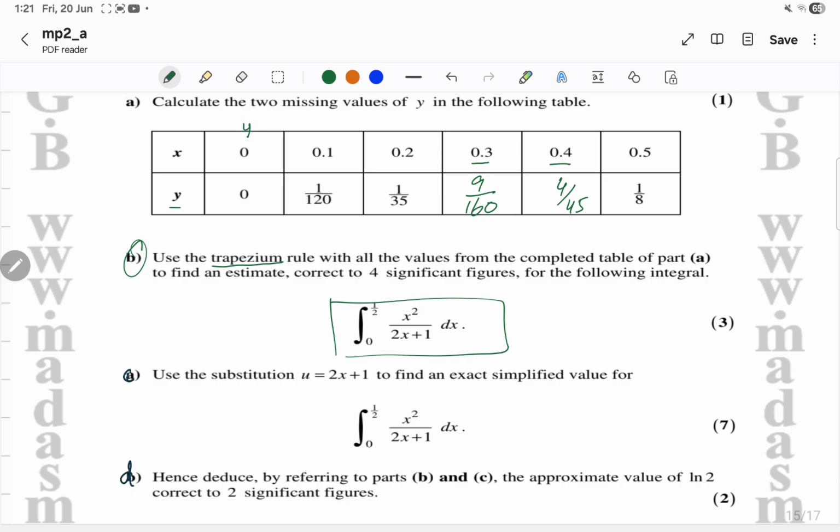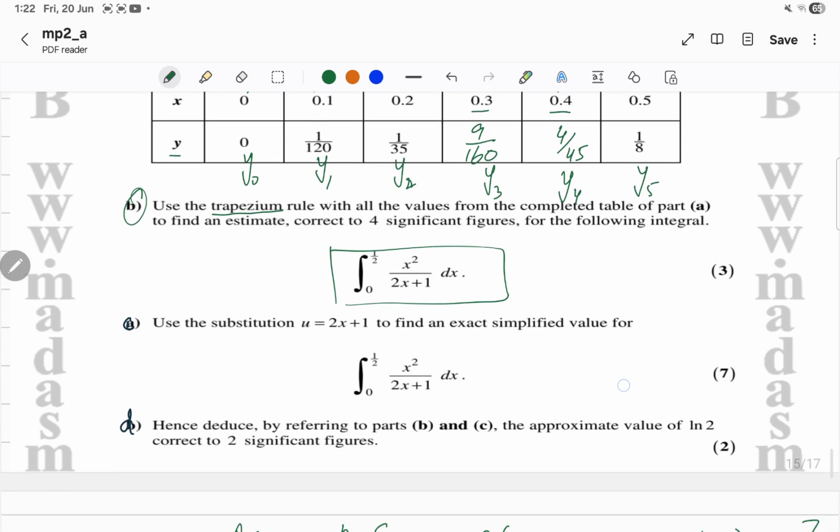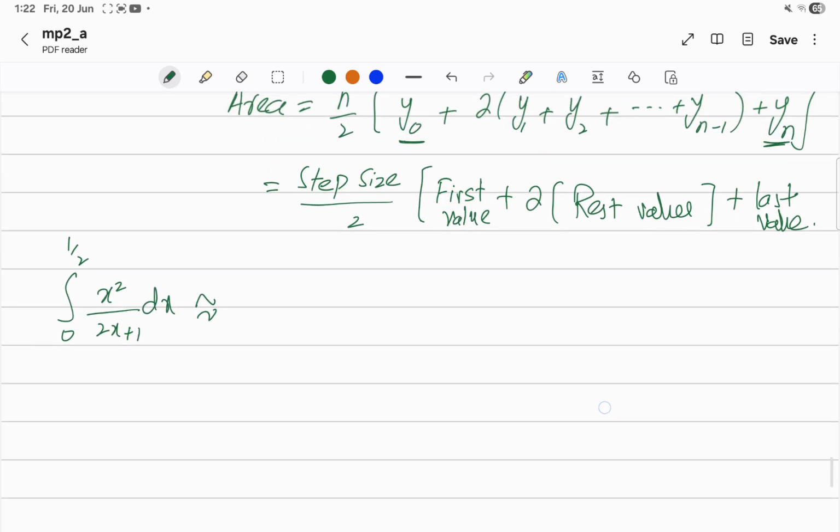The first value should be y0, this is y1, y2, y3, y4 and y5, and we can see the step size between the values of x is 0.1. The values are increasing by 0.1, so h is 0.1. So we need to substitute these values into the formula to get the integral.